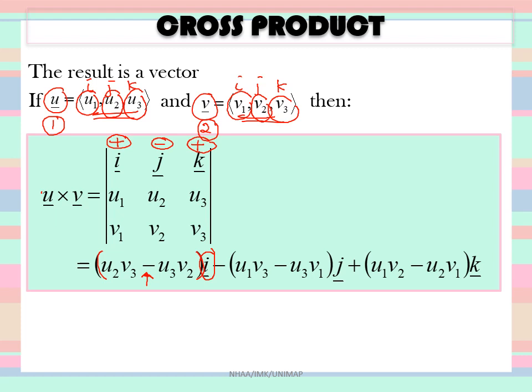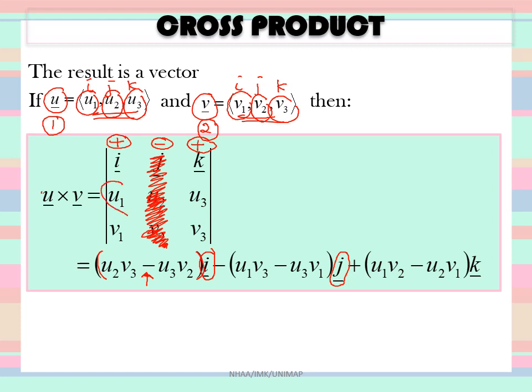So this we're going to delete. Okay, so we delete this column temporarily. Since we are calculating for the J component, we just ignore the values U2 and V3 here. And then we perform the same thing.